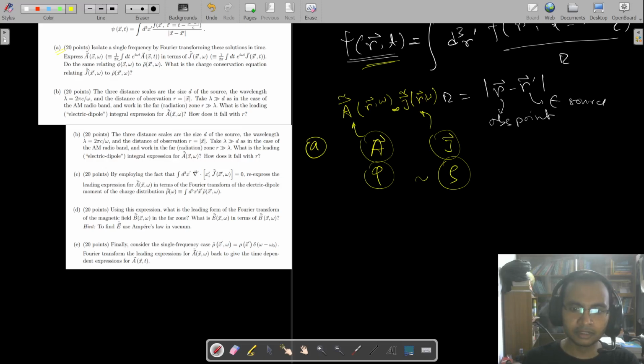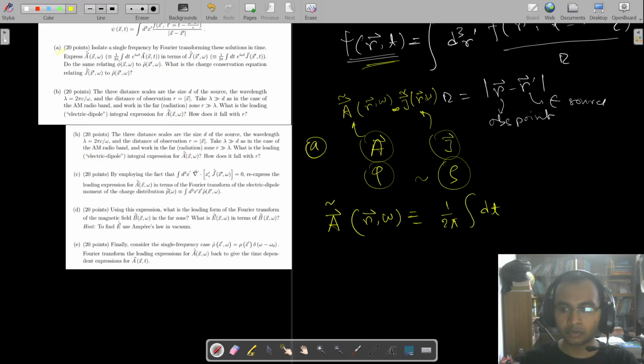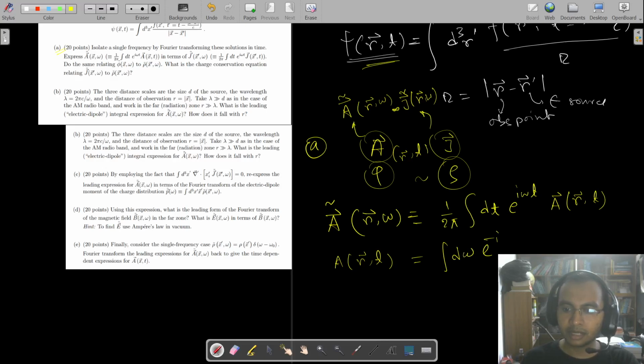So it's also given that A tilde is, by definition, the coefficient of the Fourier expansion of A(r, t). Hence, you can write A(r, t) as the integral d omega e to the power minus i omega t A tilde (r, omega), right?